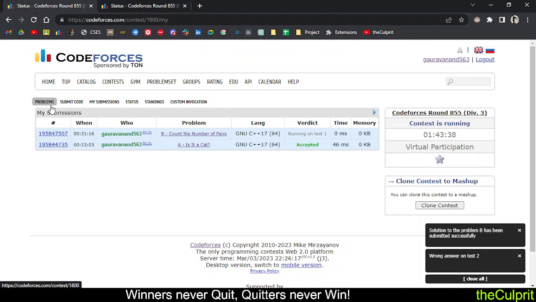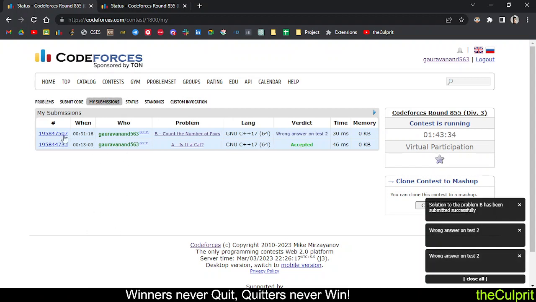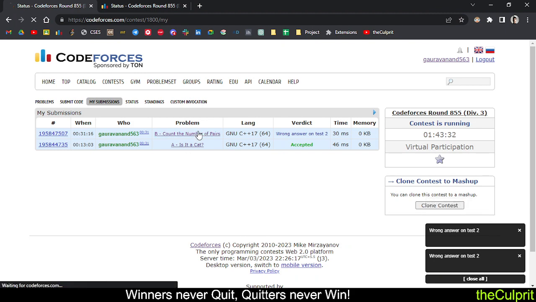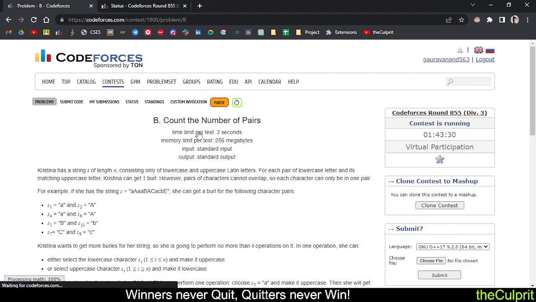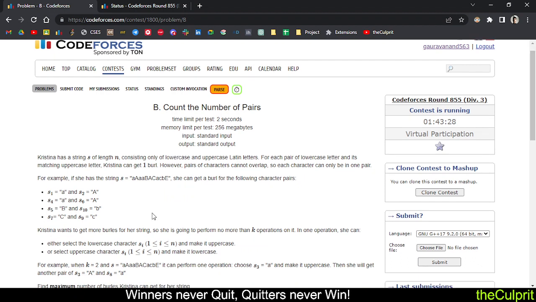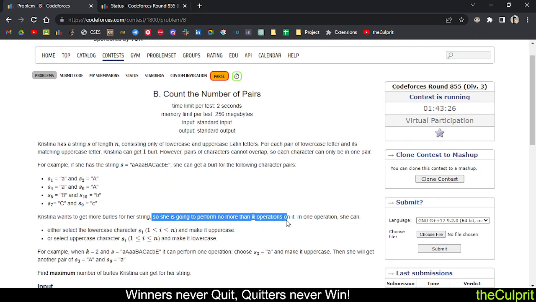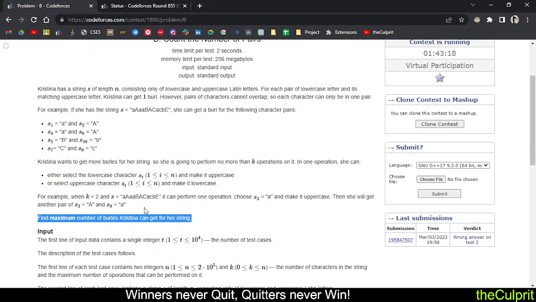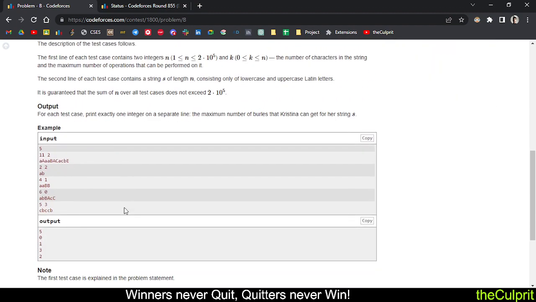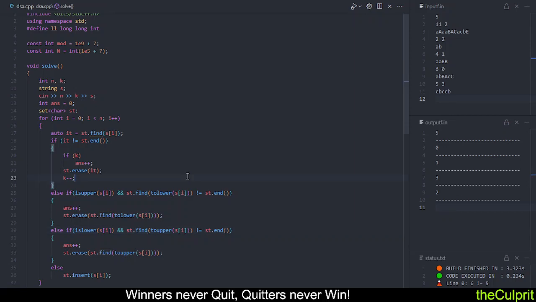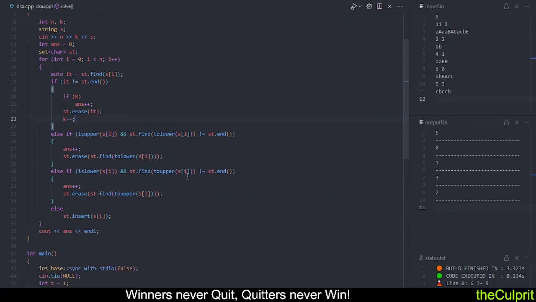There is a wrong answer. There seems to be some problem. What is the problem in logic? He is going to perform no more than K operations on it. Find the maximum number of balls that could work.